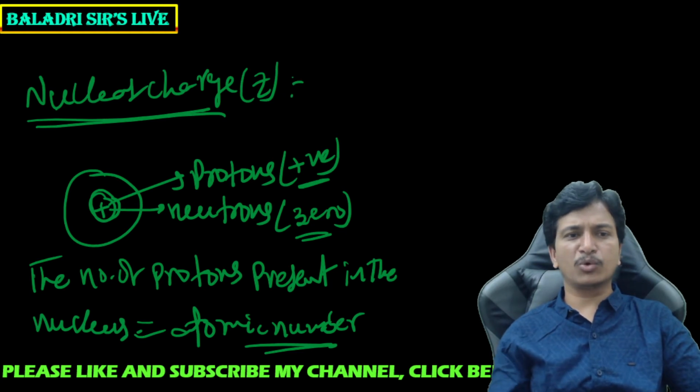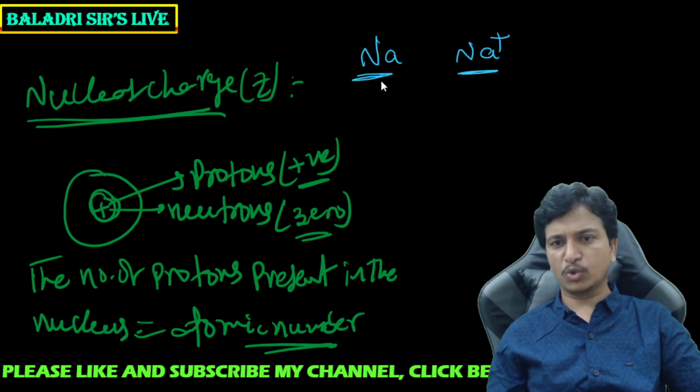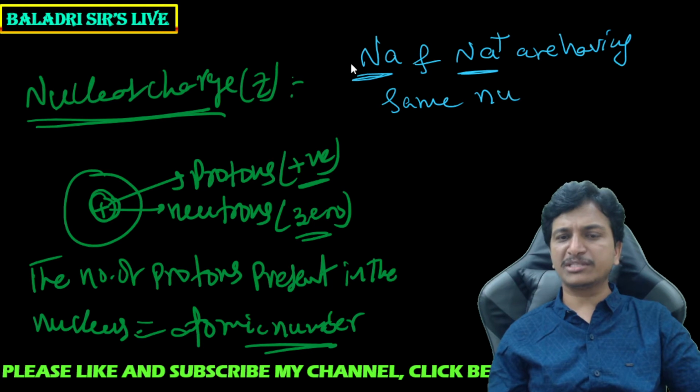Let us take a question, suppose. Listen very carefully. Sodium, that is Na atom, and Na plus, sodium and sodium cation. The question says sodium and sodium plus have the same nuclear charge.